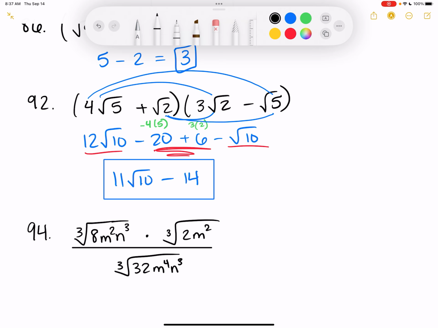Just so that you've seen it, all that you would need to do is in each radical break down and take out anything in groups of 3 since they're all cube roots, and then you can multiply what's inside. Because these have the same root, you can multiply what's inside of them and put it all under 1, and then break it down.